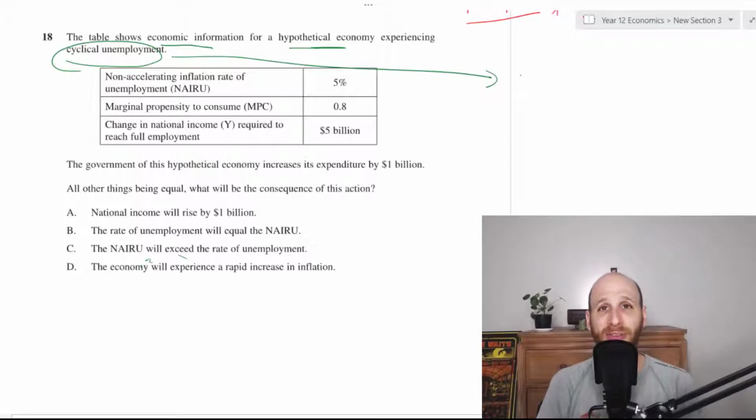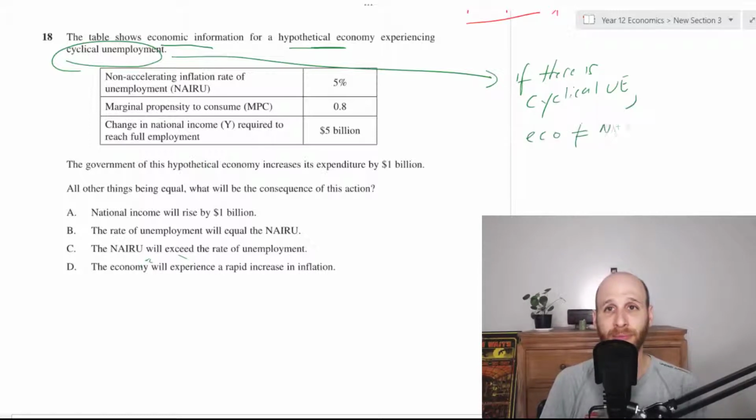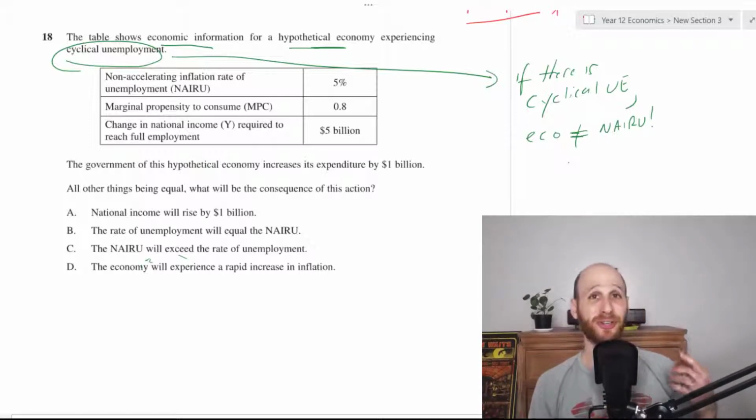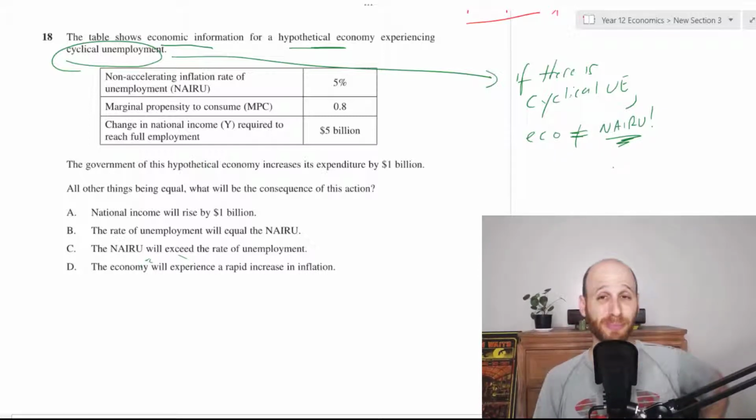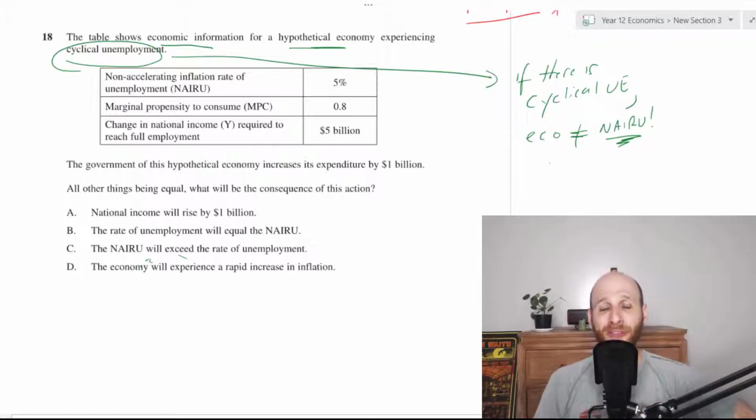If there is cyclical unemployment, then the economy is not at the NSW. You can watch a video on the NSW, little link up above. Very complicated topic. My video tries to simplify it. But the economy is not at the NSW right now.